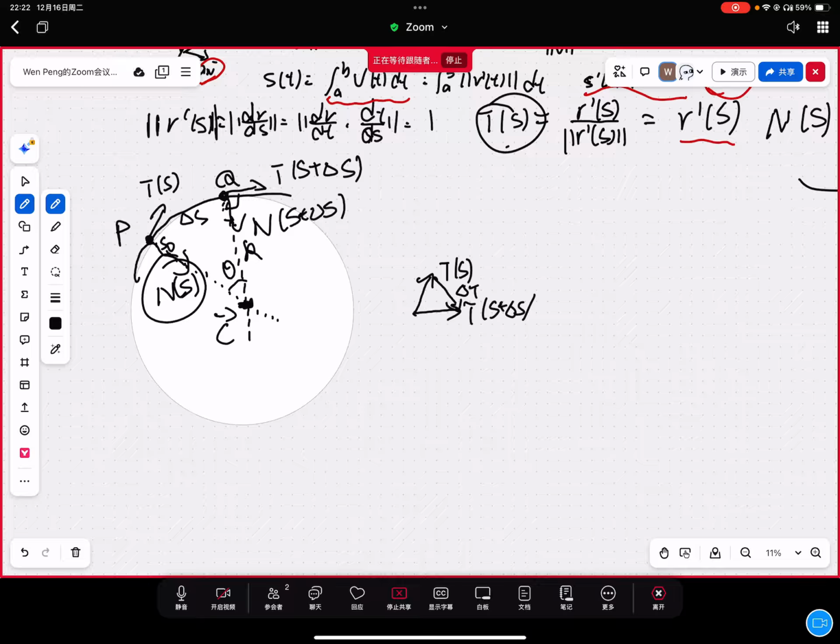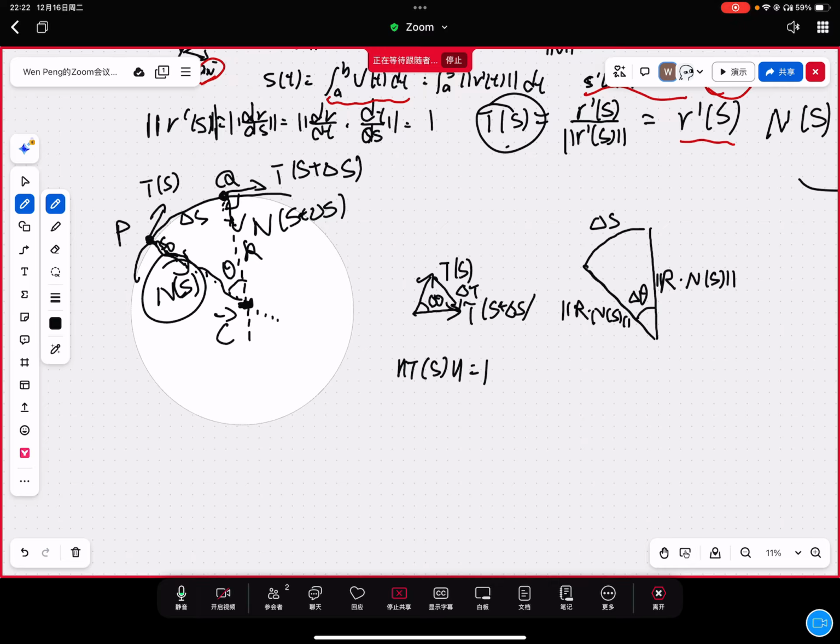This is a vector triangle. Next step, we take this side, which is r times n of s, of course with magnitude, also that side, r times n, also the delta s, and this is delta theta. Remember that the magnitude of t of s is always 1 because it's a unit vector.